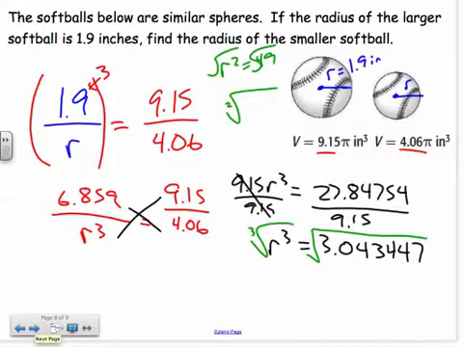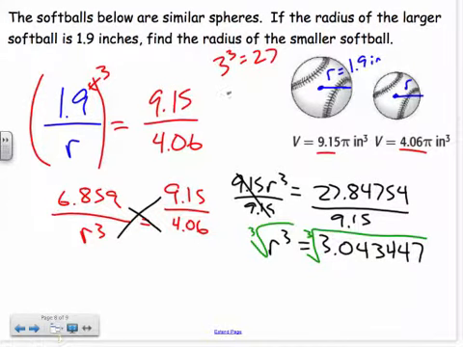The cubic root. So I'm saying what number times itself 3 times will give me 3.043447. Let's think about one that we would know. I know that 3 cubed is 27. So if I took the cubic root of 27, I would get 3. Because 3 times 3 times 3 is 27.